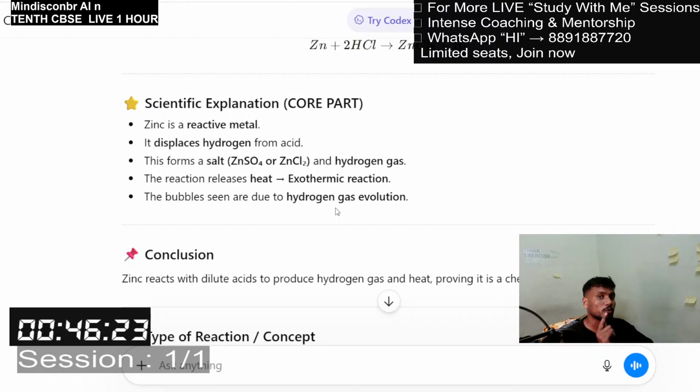In activity 1.2 also we said that it is an exothermic reaction, because there we studied lead nitrate plus potassium iodide gives lead iodide plus potassium nitrate.